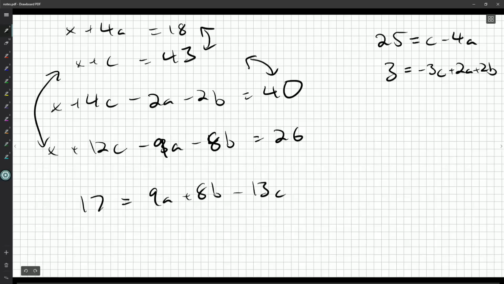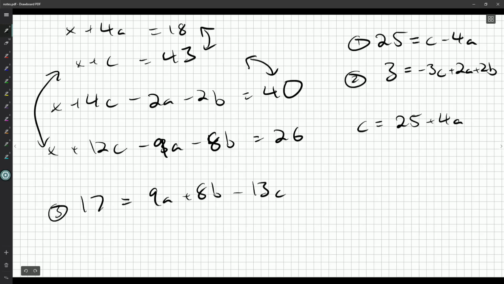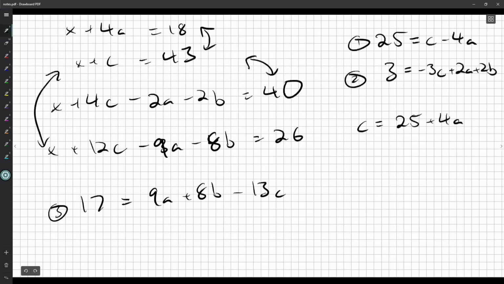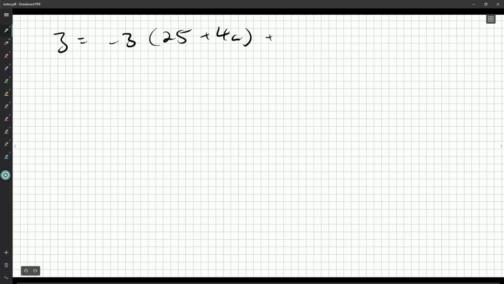What else could we do? I suppose we could put c in terms of a by rearranging this equation here. C is 25 plus 4a. Then plugging that into what I'm calling now equations 2 and 3 could help. Then we'll get everything in terms of a and b. So 3 is equal to negative 3 times 25 plus 4a plus 2a plus 2b.